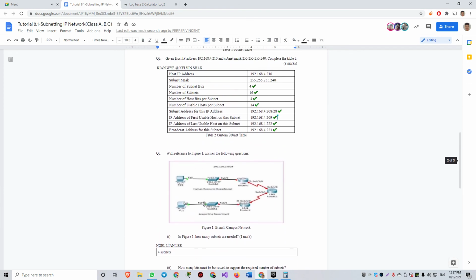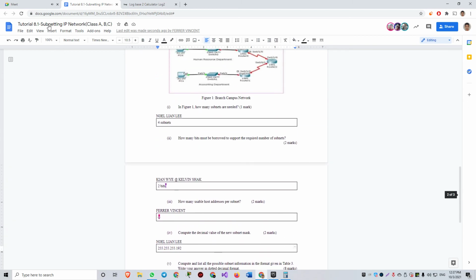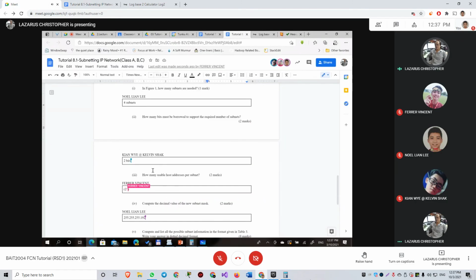The formula for usable host addresses per subnet is 2 power n minus 2. So 2 power 6 minus 2. You get how many usable? Yes, 64 minus 2, you get 62 usable host addresses per subnet.